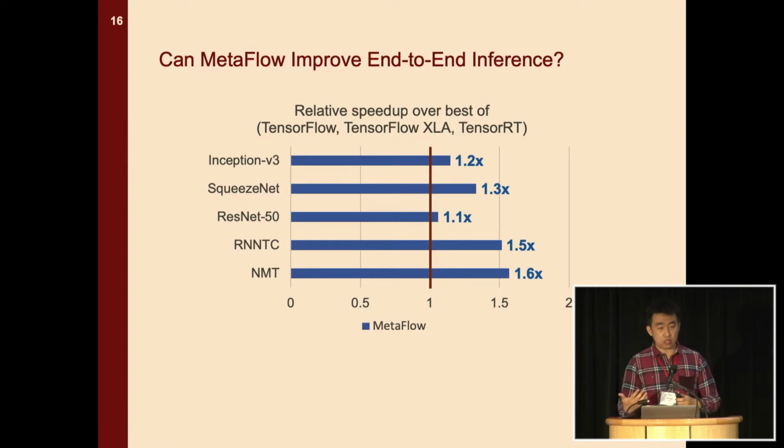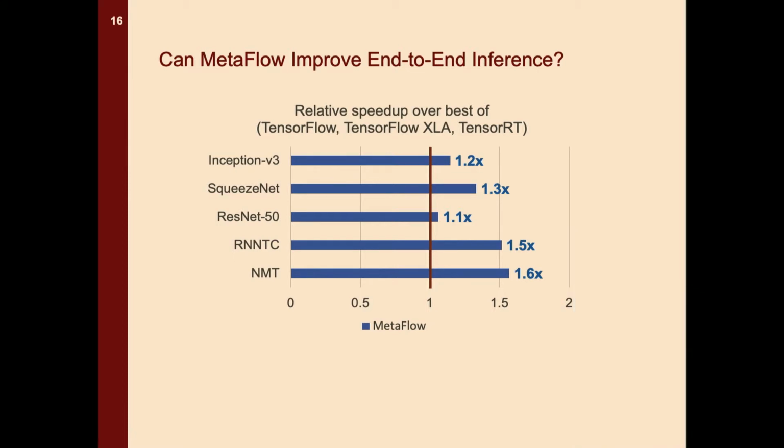The first question I would like to answer in our evaluation is, can MetaFlow improve end-to-end performance? We compare MetaFlow with the best among the existing baselines, and this table shows the relative speedup. We can achieve 1.1 to 1.6 times speedup compared to the best existing baseline.